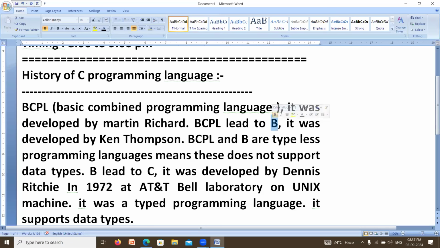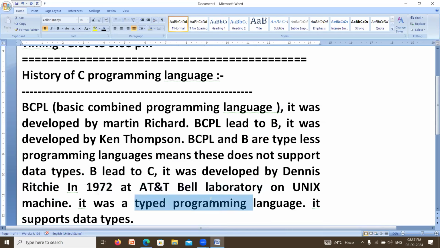From B, a new programming language called C was developed by Dennis Ritchie in 1972 at AT&T Bell Laboratory on a Unix computer.